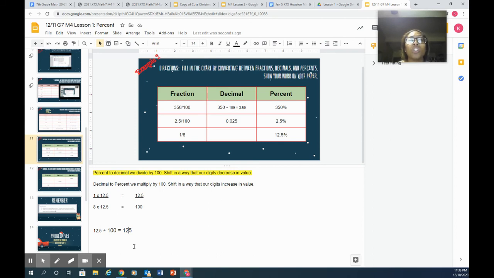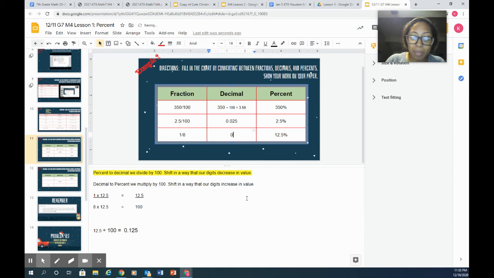So that means they're moving to the right, not once, but twice, putting our decimal now in front of the 1. So our decimal form of 12.5% ends up being 0 and 125 thousandths. We're going to type that into our chart here as well.